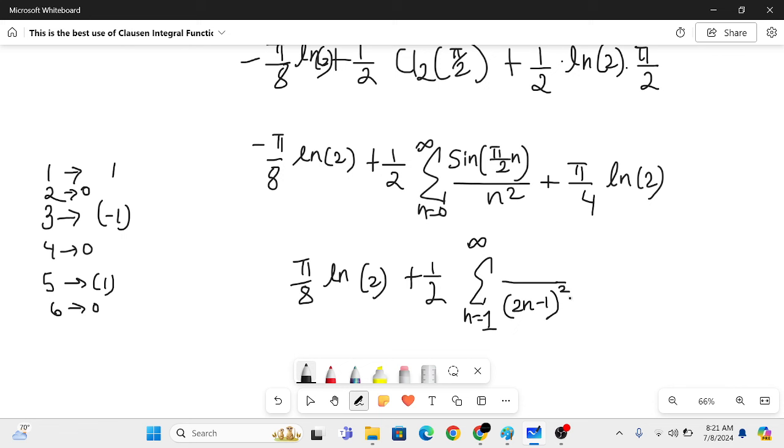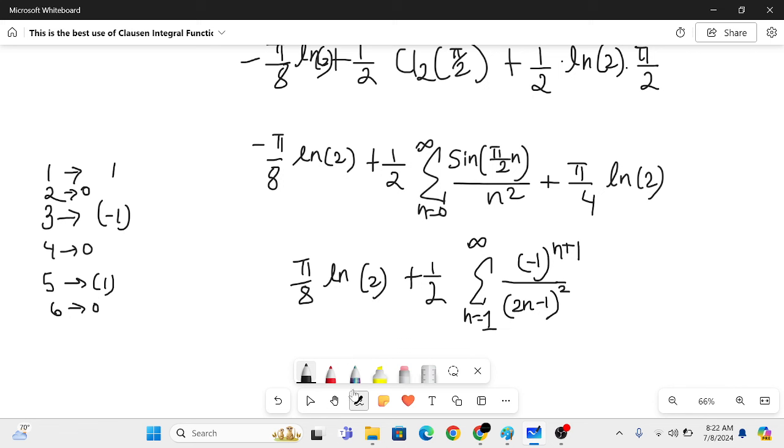Also for odd numbers, for the first one, n equals 1, this will just be a positive number. So let me give it n plus 1, so that when it's 1 it becomes 2, so a positive 1 will be there. When it's 2, it's 3, so a negative 1 will be there. Now if we look at the sum, this is just 1 by 1 square and then minus 1 by 3 square. It looks good, completely fine.